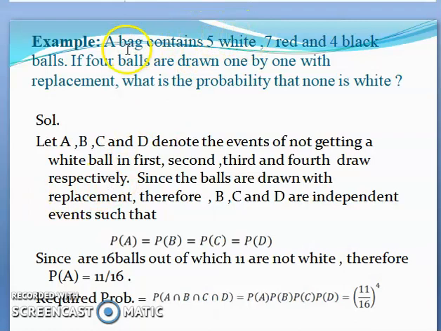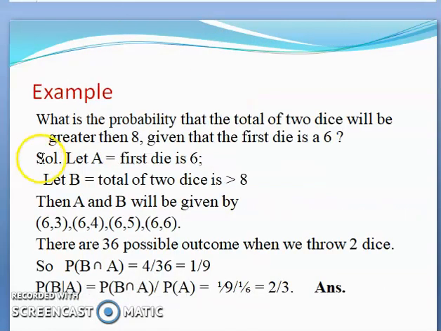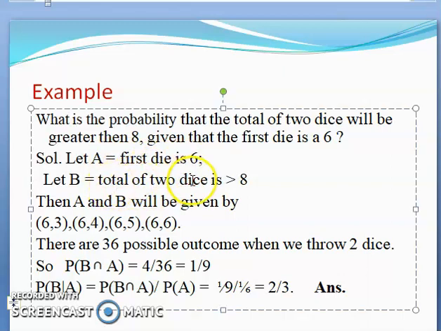Now an example. What is the probability that the total of two dice will be greater than 8 given that the first die is 6? First, let A be the first die is 6, and B be the total of two dice greater than 8. The outcomes of A and B will be (6,3), (6,4), (6,5) and (6,6). There are 36 outcomes when we throw two dice.